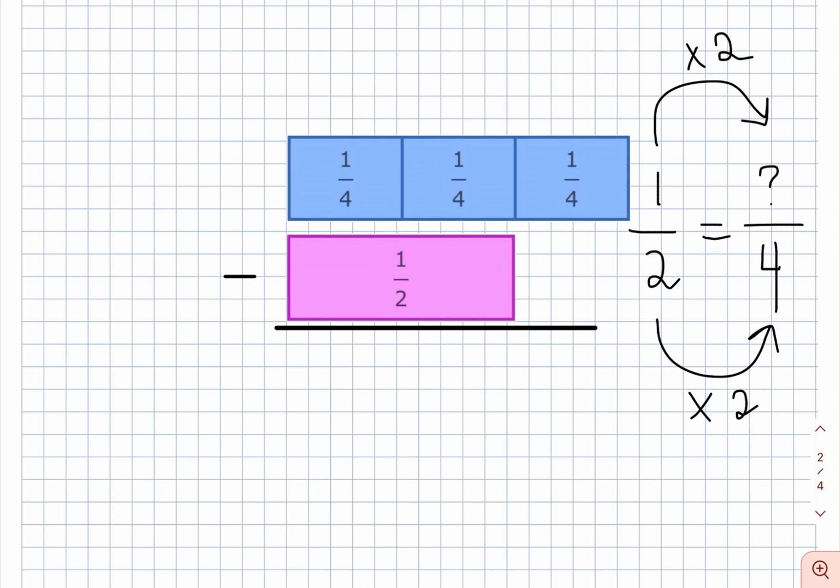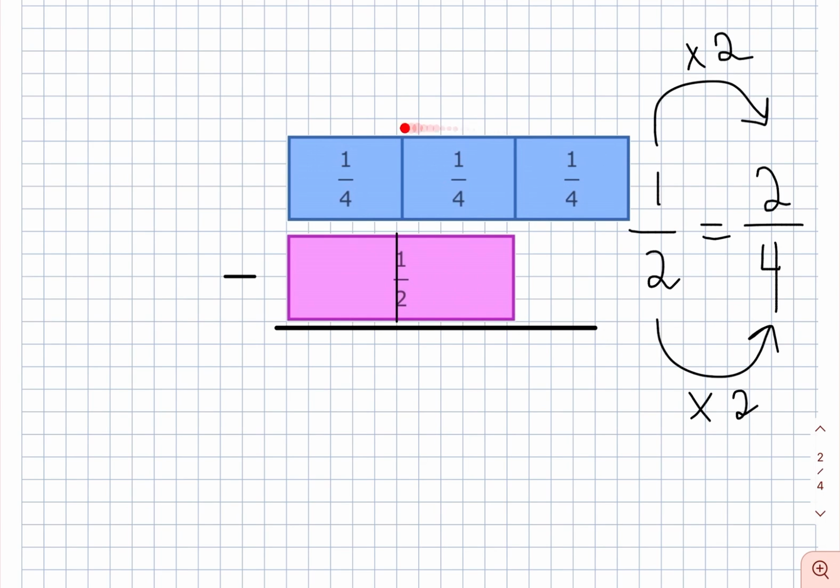How'd you do? Did you find that 1 times 2 equals 2? So this 1/2 is equal to 2/4.